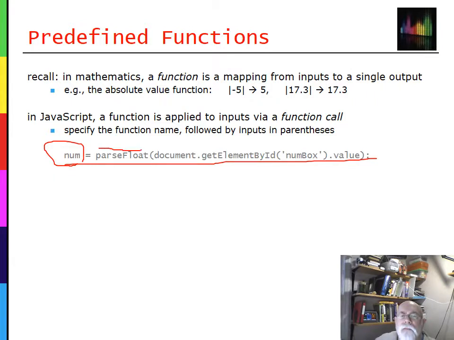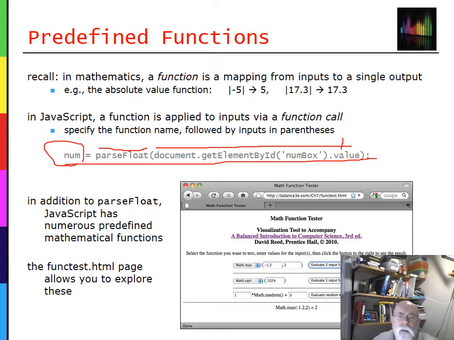This is a built-in function in JavaScript, and this is what you passed to that function. In particular, you were passing that value there, whatever it was, so that it would come back as a number.